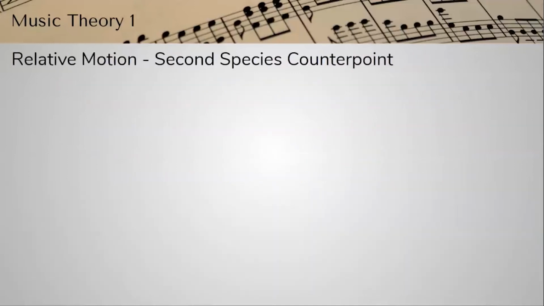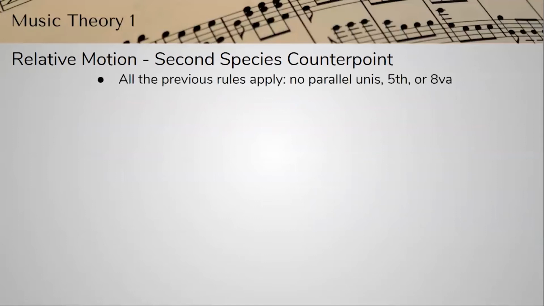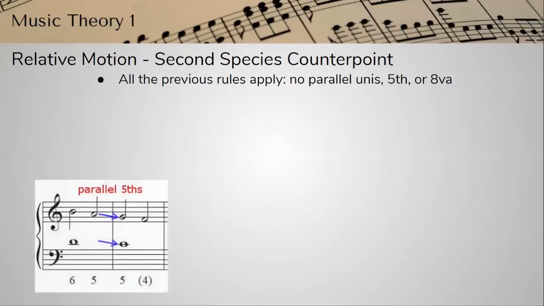All right, so let's talk about relative motion rules that are slightly different in second species. The first thing to remember is that all the previous rules apply. So you cannot have things like parallel unisons, parallel fifths, or octaves. They'll just look a little bit different in second species. Here is an example of something not to do.